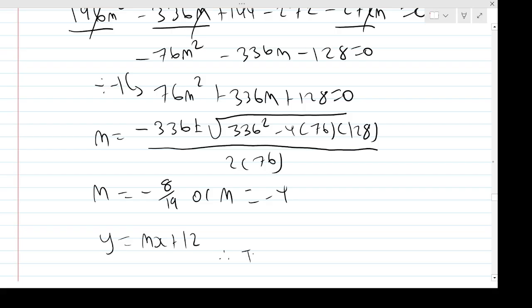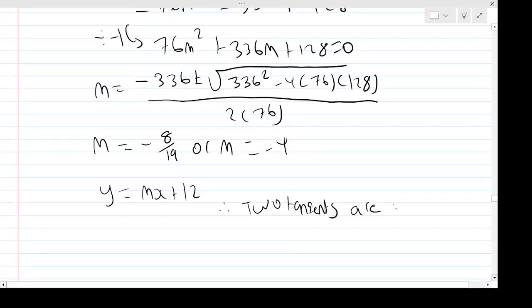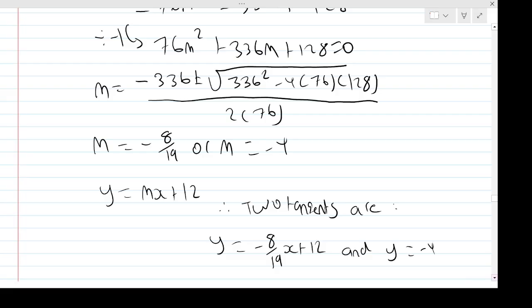Therefore the two tangents, because we've got two different values of m, are y is minus 8 over 19ths x plus 12, and y is minus 4x plus 12. There we are. Cool.